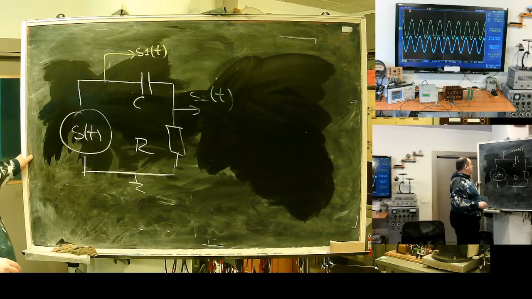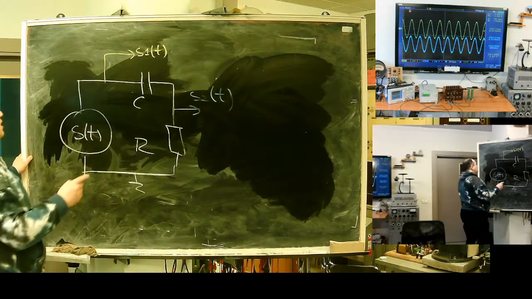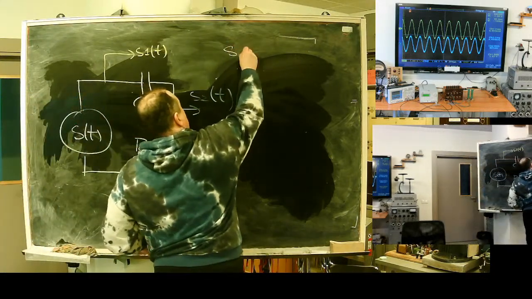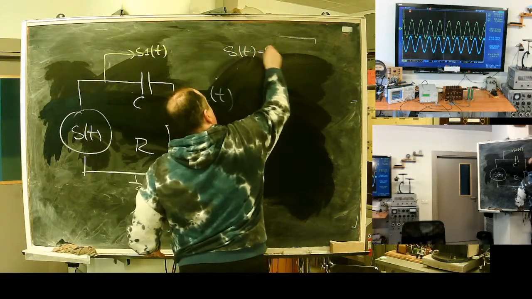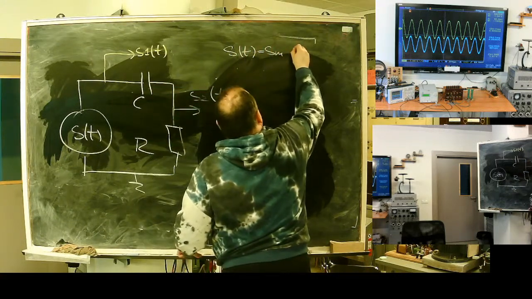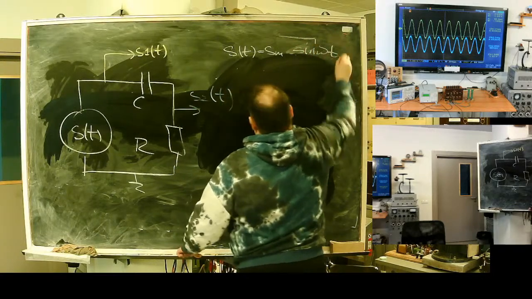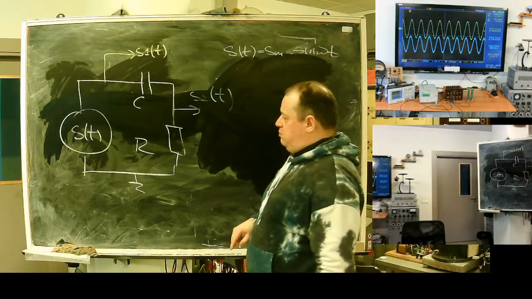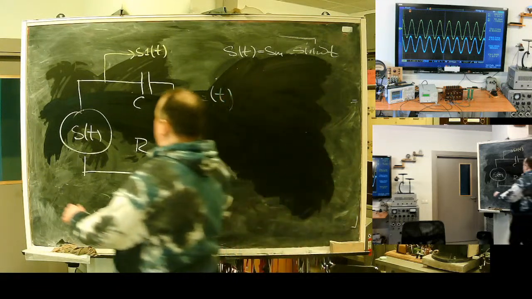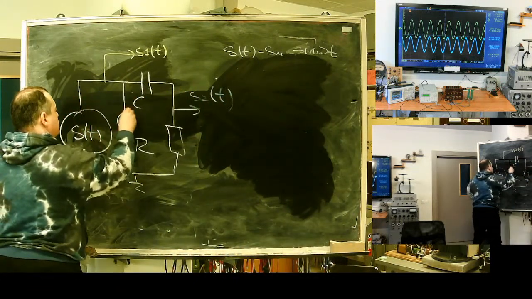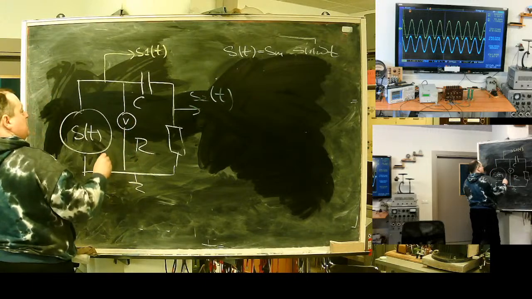Can I write for the harmonic signal, assuming sine omega t? What can I write? Let's imagine I have a voltmeter here.